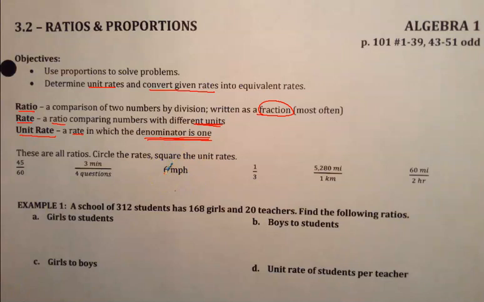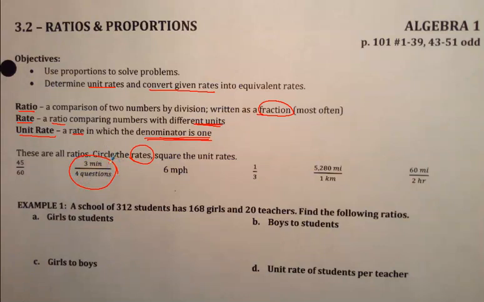Circle the rates and square the units. So we want to circle the rates. Remember, those are a ratio comparing numbers with different units. Which ones would be rates? 3 minutes for every 4 questions.